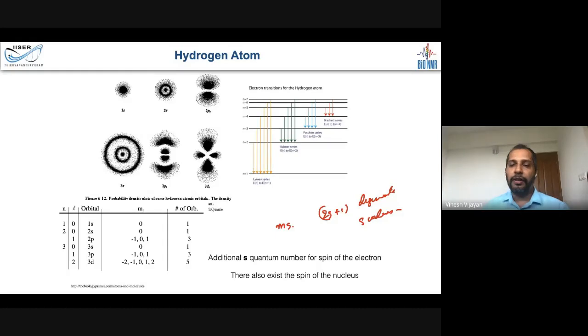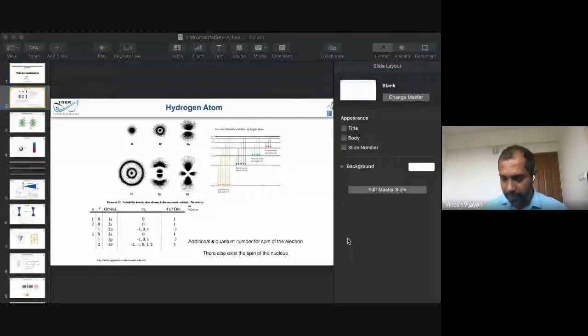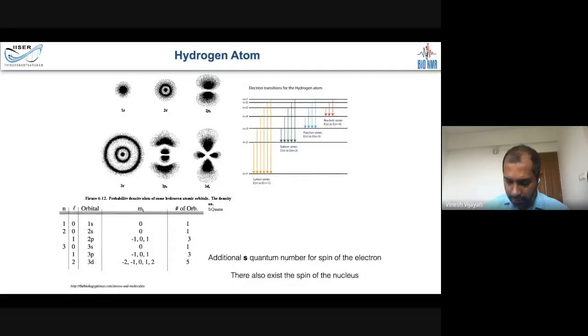So MS values would be 2S plus 1 degenerate S values. So if you have S equal to half, that is the spin quantum number is half, then how many MS values are there?